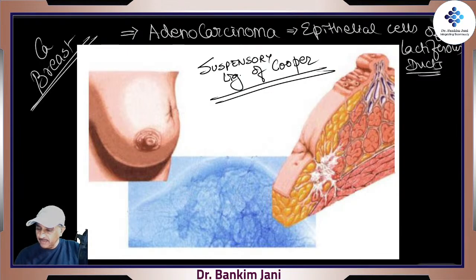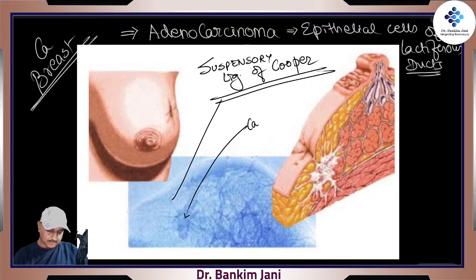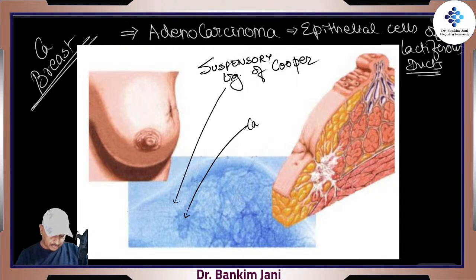Now see here, because this is one image where you can actually watch. Say this one is the mass, that is carcinoma. Say these are the suspensory ligaments, this one, then this one. When the mass is involving those suspensory ligaments, those ligaments get shortened.